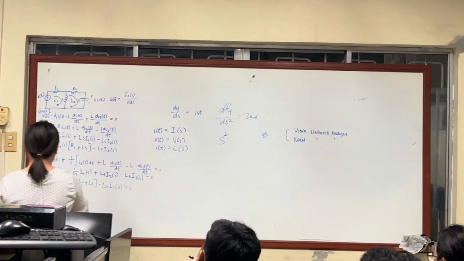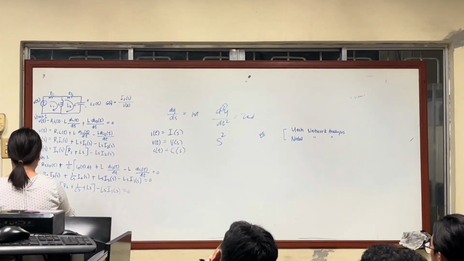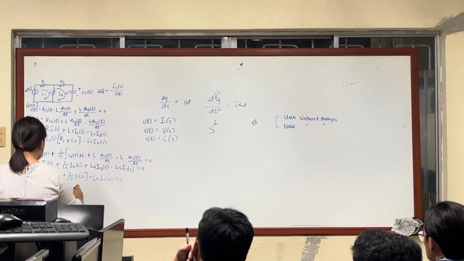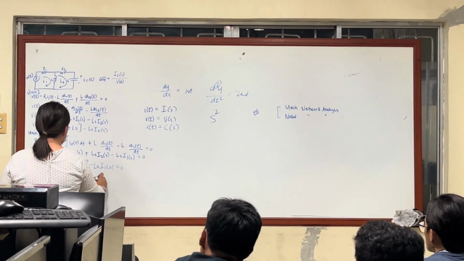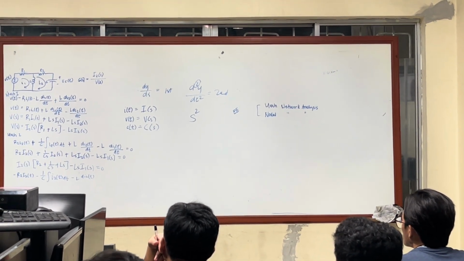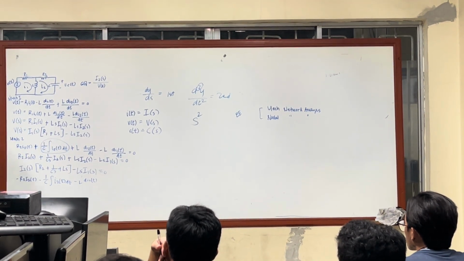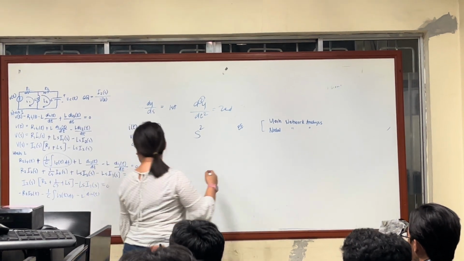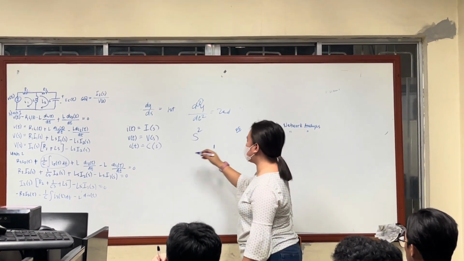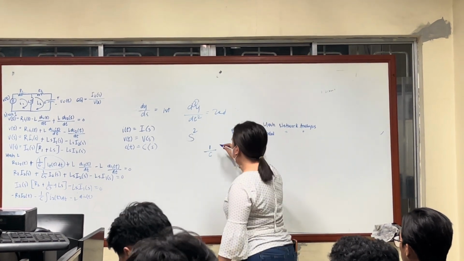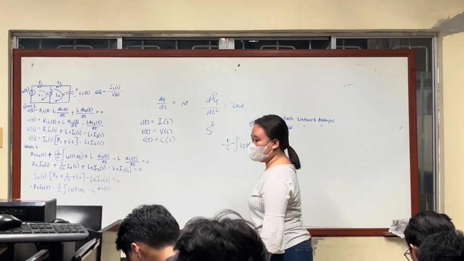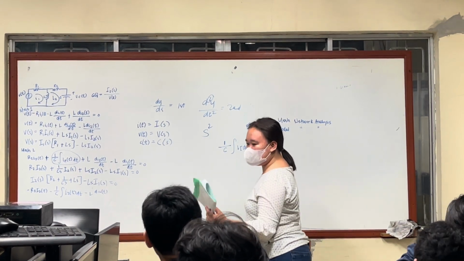Mesh 2. So this becomes negative R2 I2 of T, minus 1 over C, the integral of I of tau, d tau.